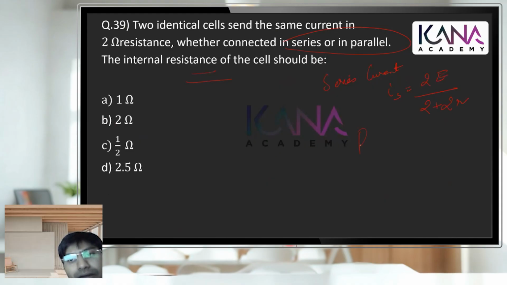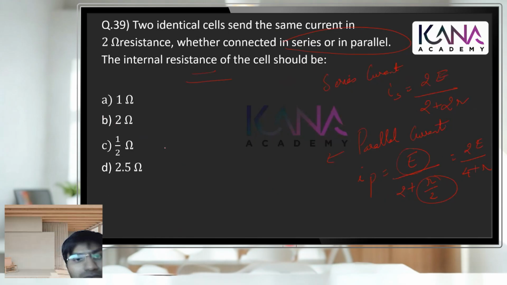If it's in parallel, it's E by 2 plus R by 2. Further simplifying, it will be 2E by 4 plus R, because in parallel the equivalent EMF is just E and the internal resistance becomes R by 2.